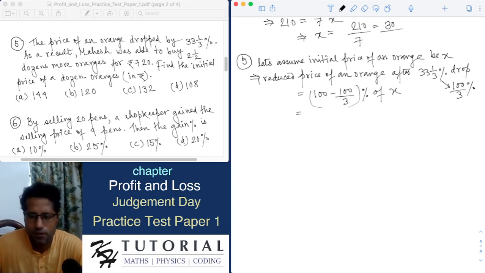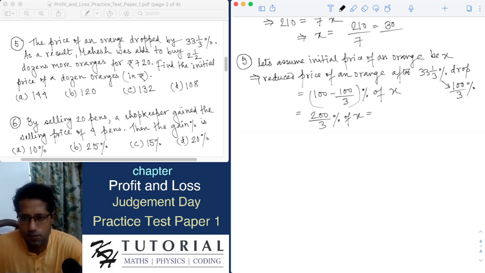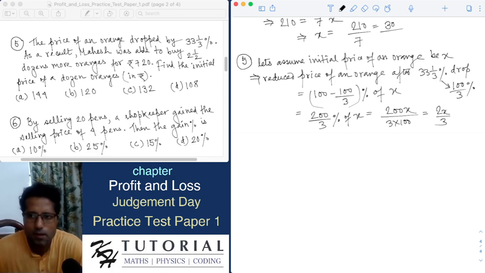Now 100 minus 100 by 3 is 200 by 3 percentage of x. This is 200x by 3 into 100. This is 2x by 3. 2x by 3 is the price of an orange after there was a 33 and 1/3 percentage drop. Okay.